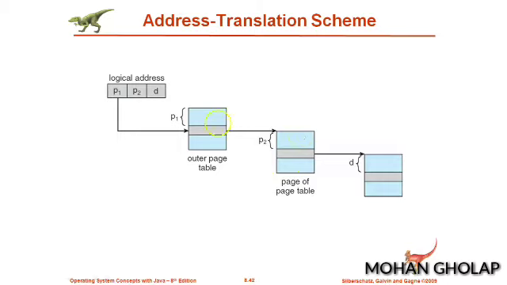In order to locate the exact location in this page table, we use P2. For the entire page number D is the offset, but for P1, P2 is the offset. So after P1, P2 is used as an offset to identify the correct location in the page table. After this, we use the value of D, that is the offset, to arrive at the exact location in the physical memory. In this way, the two-level page table implementation takes place.